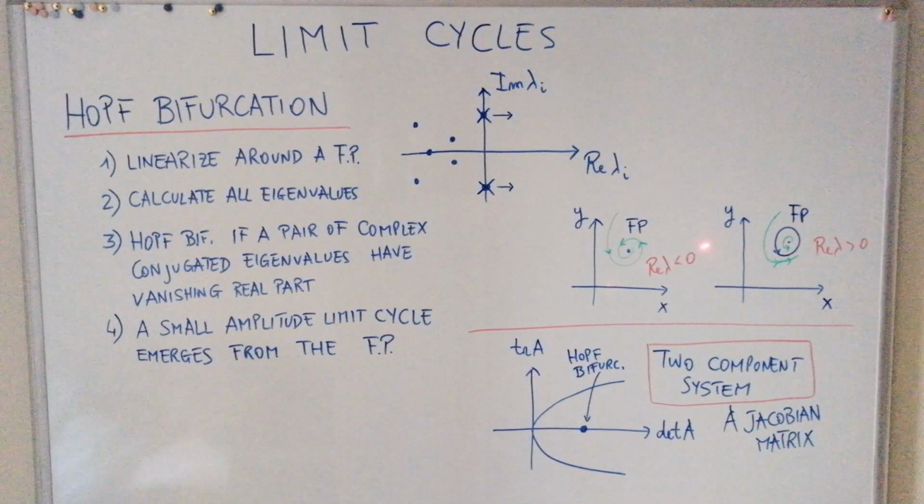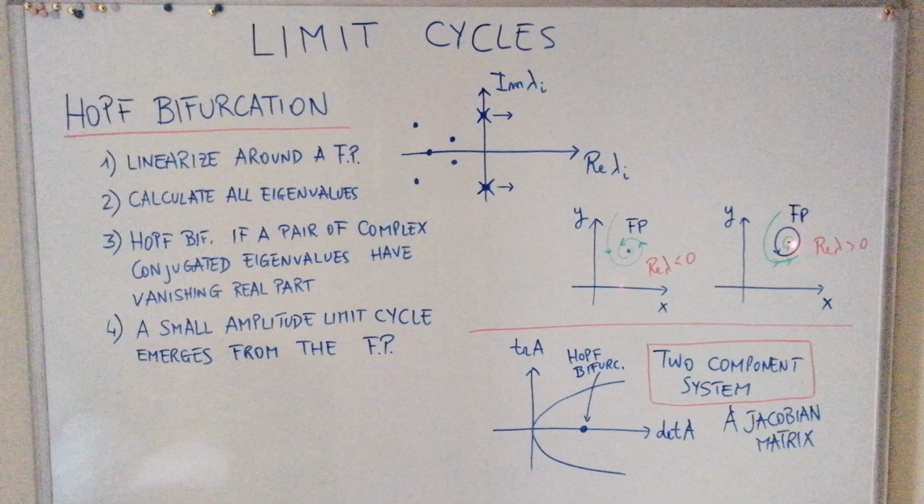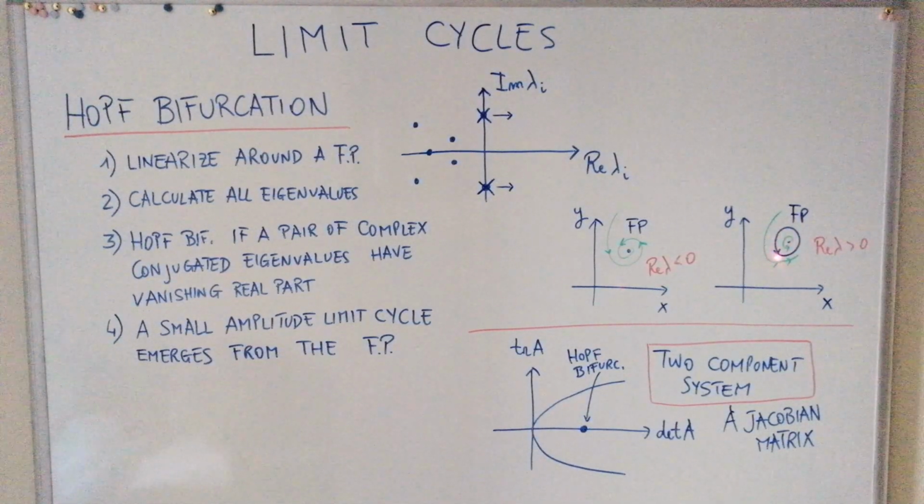As soon as you cross the Hopf bifurcation point and the real part of this complex conjugated eigenvalue becomes positive, your stable spiral becomes an unstable spiral emerging from the fixed point, and you will typically have a small limit cycle emerging that grows around the Hopf bifurcation point.